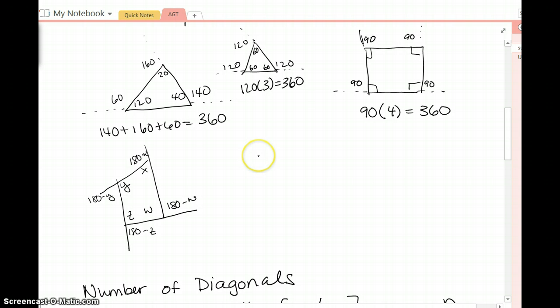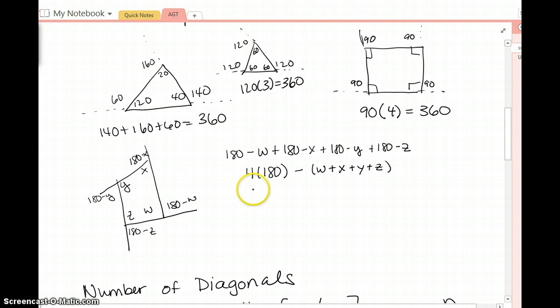So if I were to add those all up, I have 180 minus W plus 180 minus X plus 180 minus Y plus 180 minus Z. That's going to equal 4 times 180 minus (W plus X plus Y plus Z), so I just factored.